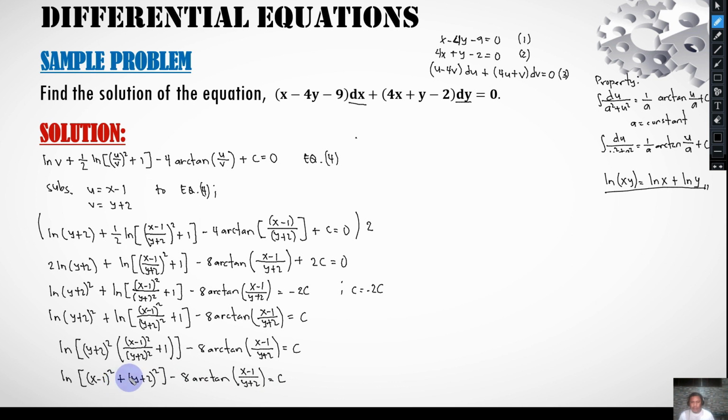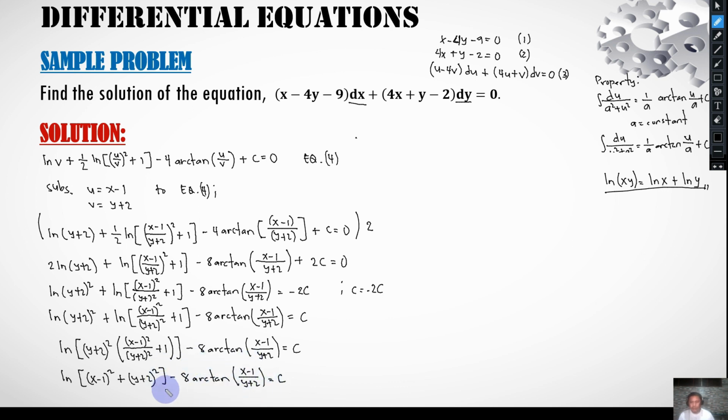So, I think that would be it, no, student, na i-express na natin ang answer natin into the x and y variables, together with your constant C. So, ln of your quantity x minus 1 squared plus the quantity y plus 2 raised squared minus 8 arctangent of your x minus 1 over y plus 2 quantity equal now to C.